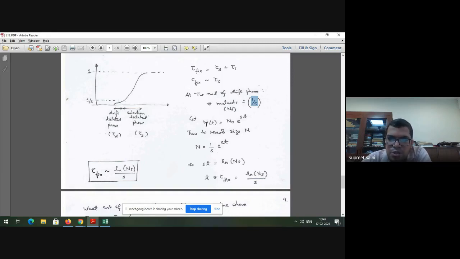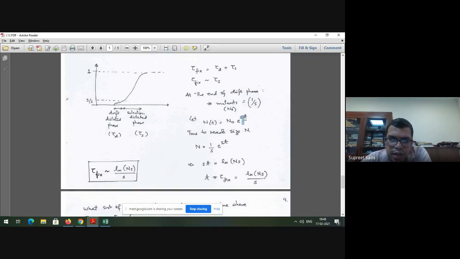So going by number, this exponential growth can be modeled as the number of mutant cells at time t equal to N naught e to the power st. N naught is 1 by s, because at the start of the period I'm considering, the number of individuals carrying this beneficial mutation is 1 by s. And s is the advantage the mutant enjoys over the ancestral population.